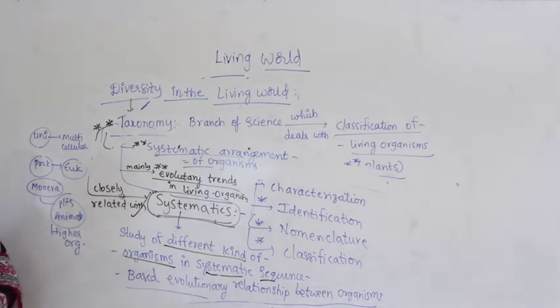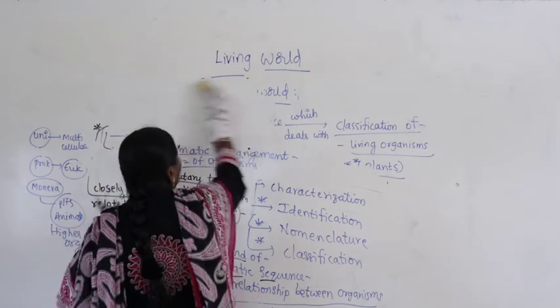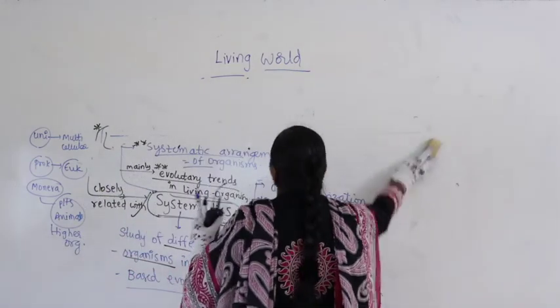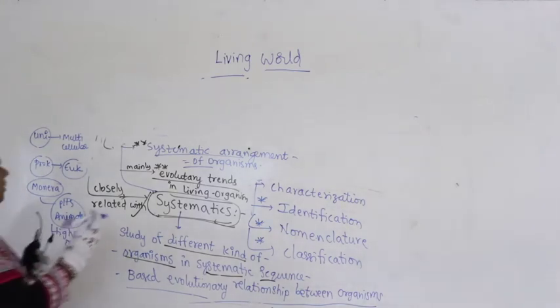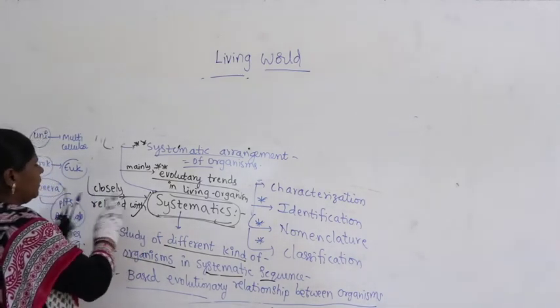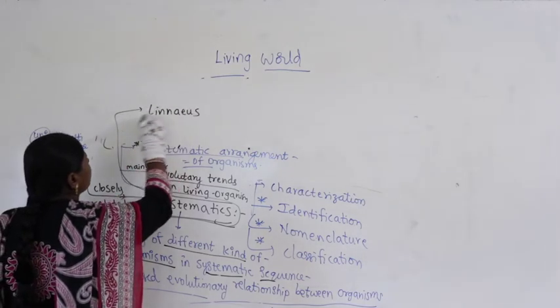Now, who is the scientist we are speaking about here? Let us continue with systematics. So, who is the scientist? We speak about Linnaeus.